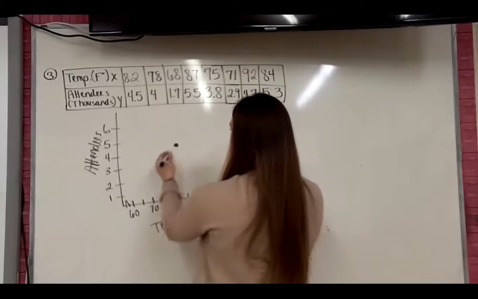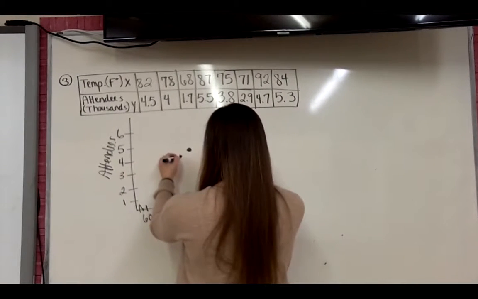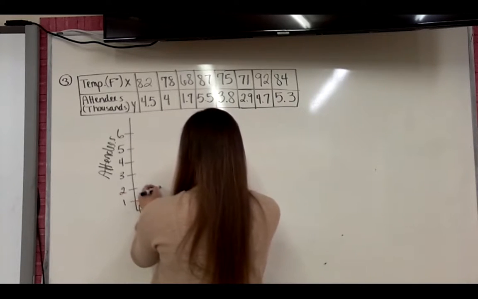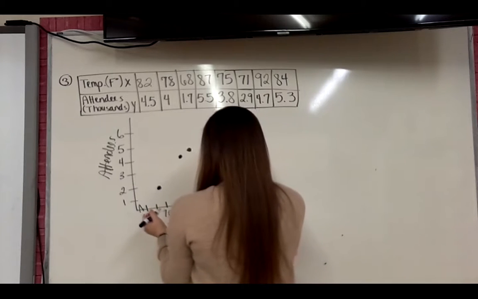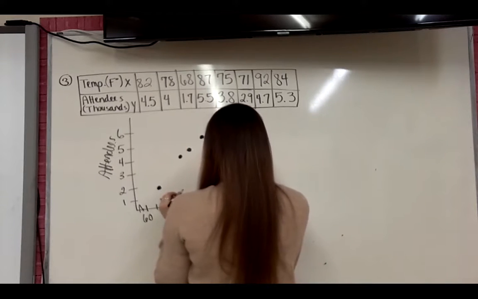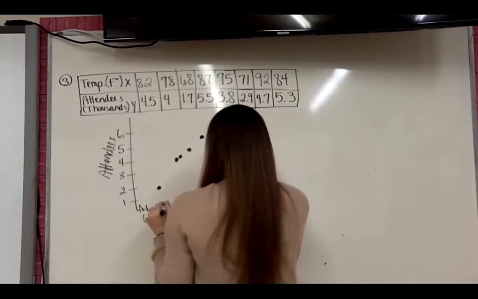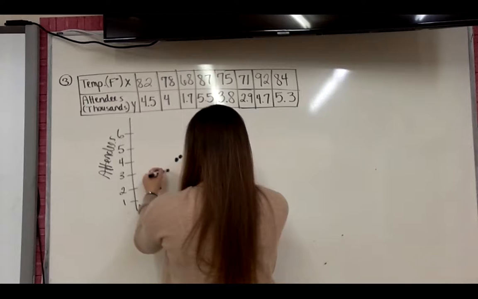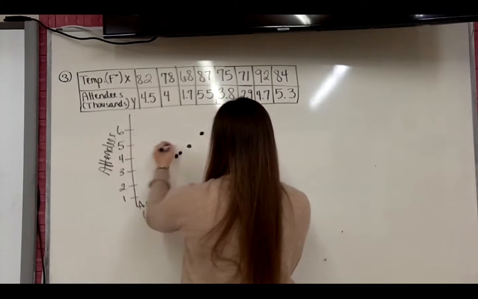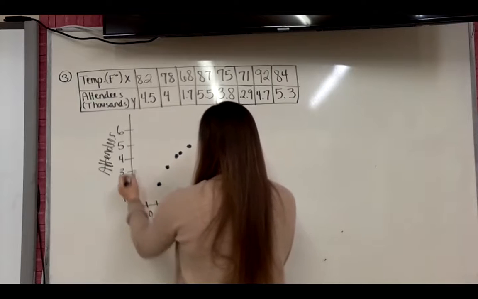So go ahead and fill in your points if you haven't already. 78 is exactly 4. 68 is 1.7. 87 is 5.5. 75 is 3.8. 71 is 2.9. 92 is 4.7. And 84 is 5.3.